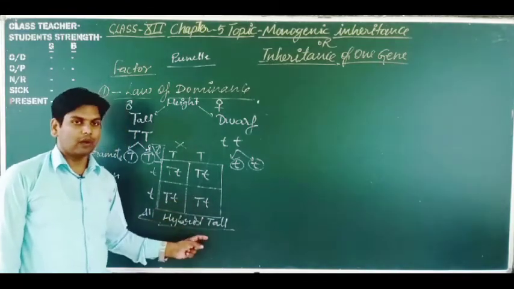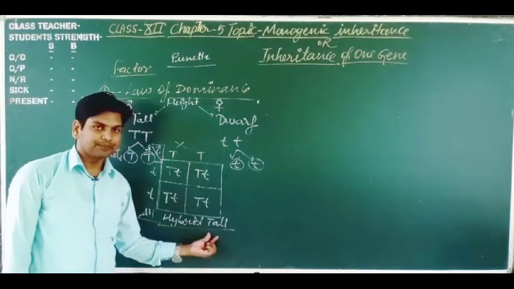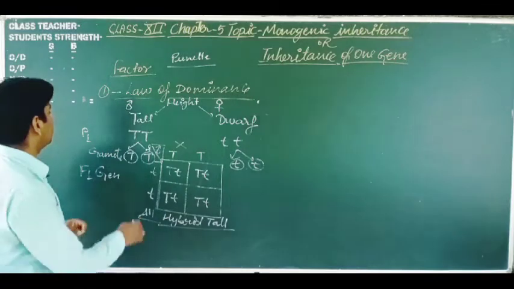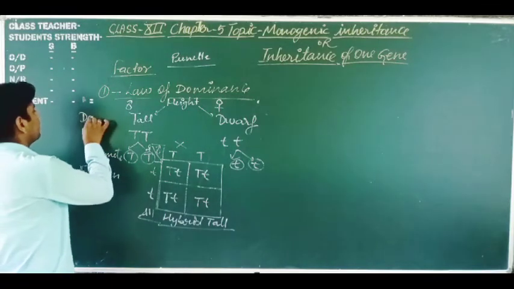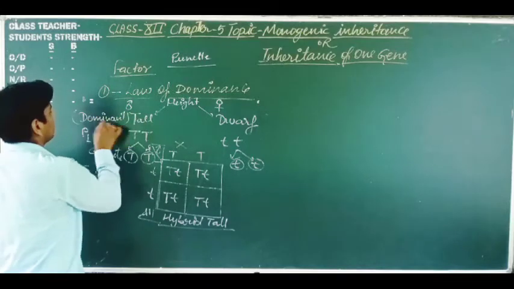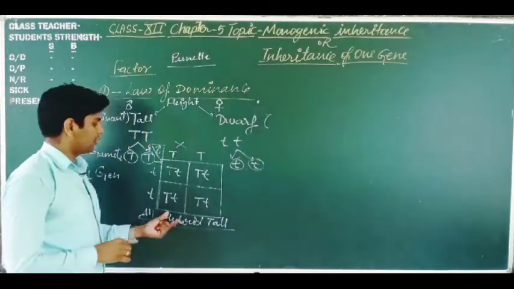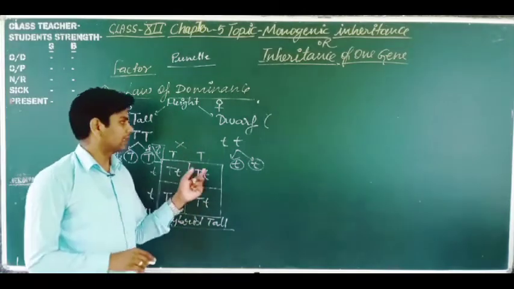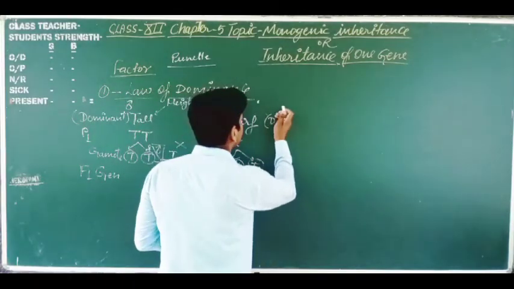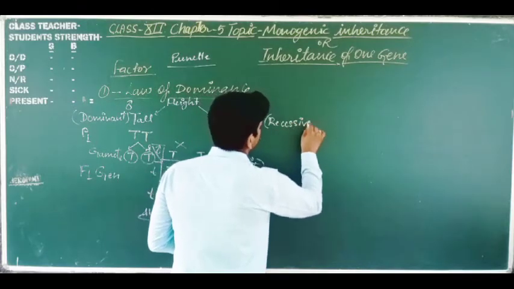The parent whose character appears in the F1 generation is known as what? This is the dominant parent. And the one whose character is hidden, because dwarf is not showing here, is known as what? The recessive character.